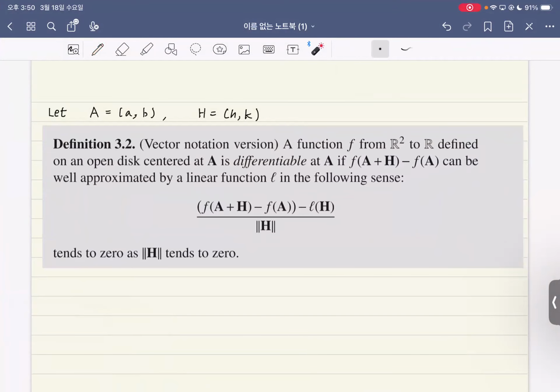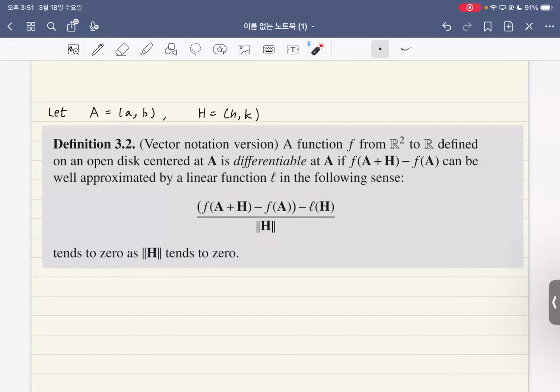This is another version of being differentiable. We have a function f from R2 to R, and we say this function is differentiable at this point A if the limit of this expression tends to 0 as h is tending to 0.